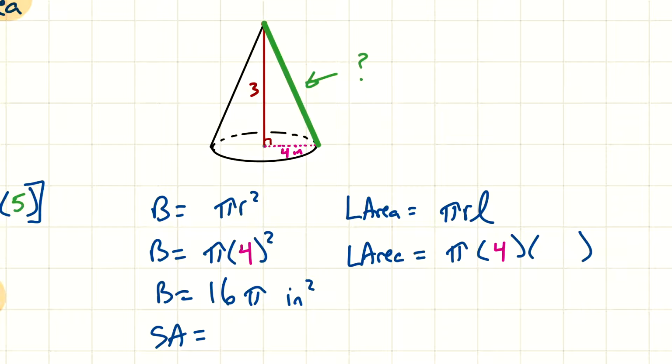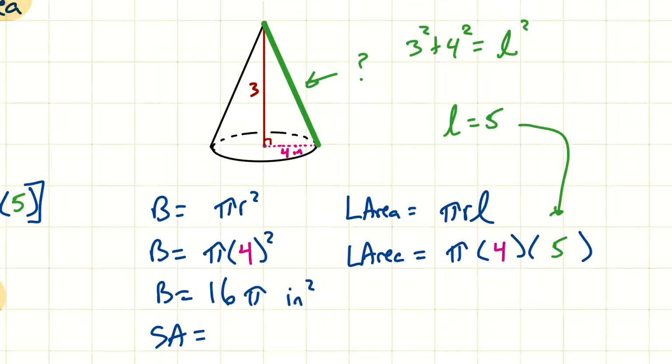We've seen this on a number of problems recently. This is going to be a Pythagorean theorem problem. So we would have to set up a problem where we have 3 squared plus 4 squared equals L squared, which is our slant height. And then once we calculate this, we're going to end up with L equaling 5. All right, so this is the number we're going to put in here.